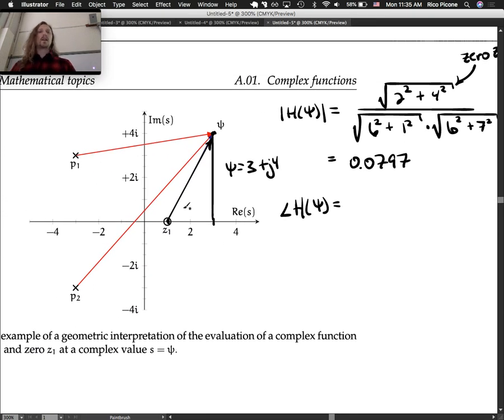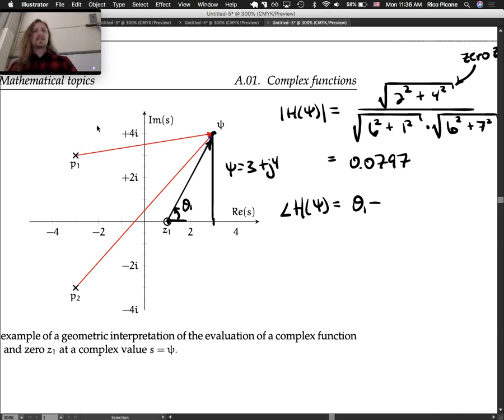So the zero angle is going to be this. For an angle, I'll call it theta. I like theta. Theta 1. Whatever that is, say we computed it, and it's theta 1.